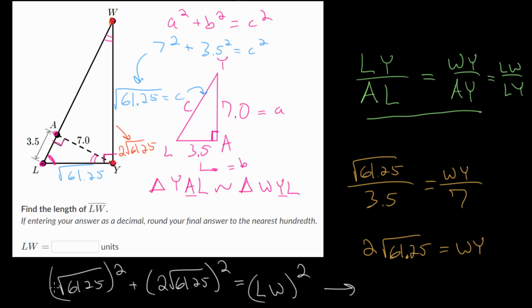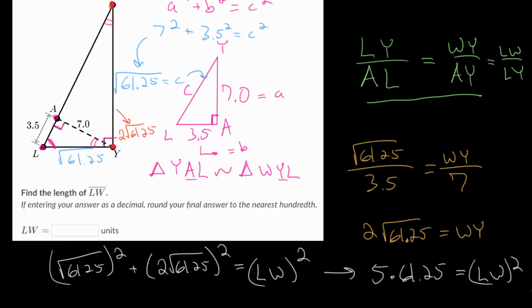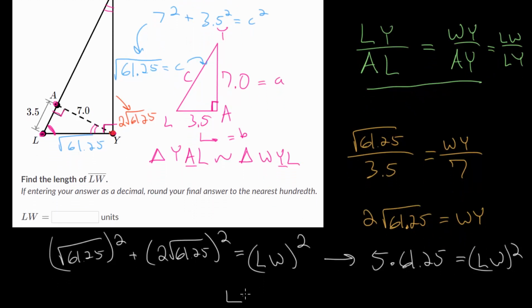If you add that to the 61.25, you actually get 5 times 61.25, and this is equal to LW squared, and we'll take a square root of each side, but ultimately we'll have to put this into the calculator anyways. So let me just make a little bit more room, and we can write that LW is just the square root of this, which if we put it into the calculator, we actually get a nice clean decimal. This is just 17.5.